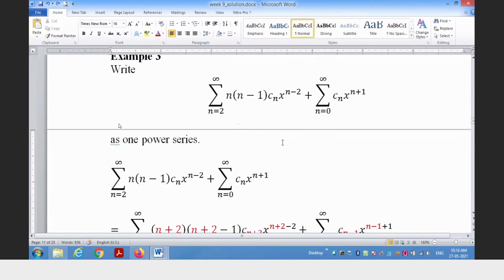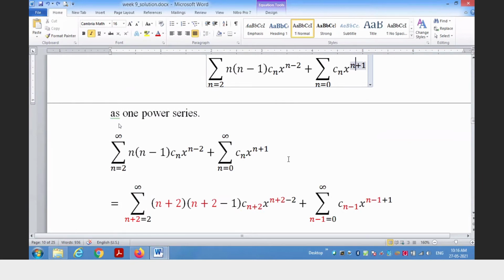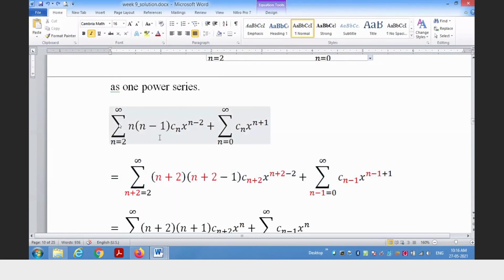In order to convert both summations into x^n, this n I will replace with n plus 2, while this n I will replace with n minus 1. We shift the index.